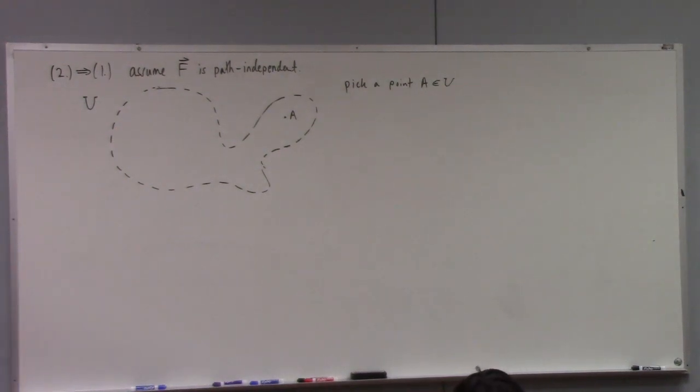And then we let C be any curve from A to B, where B is equal to x, y, z.